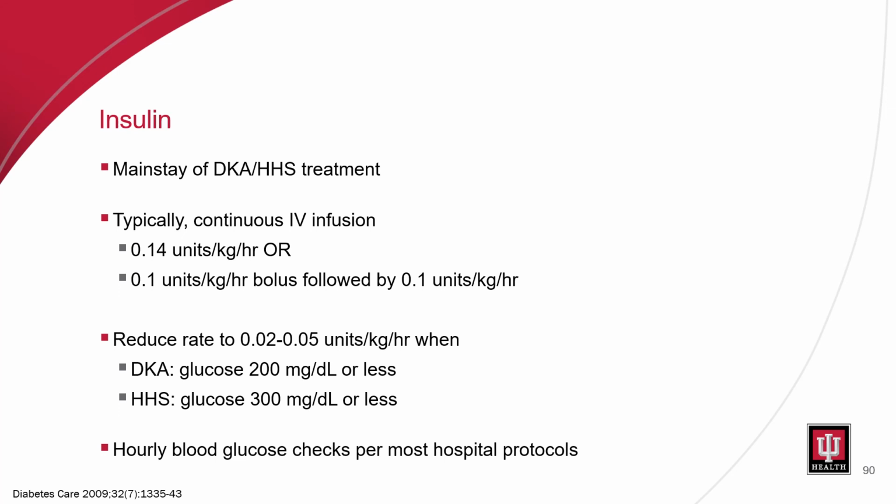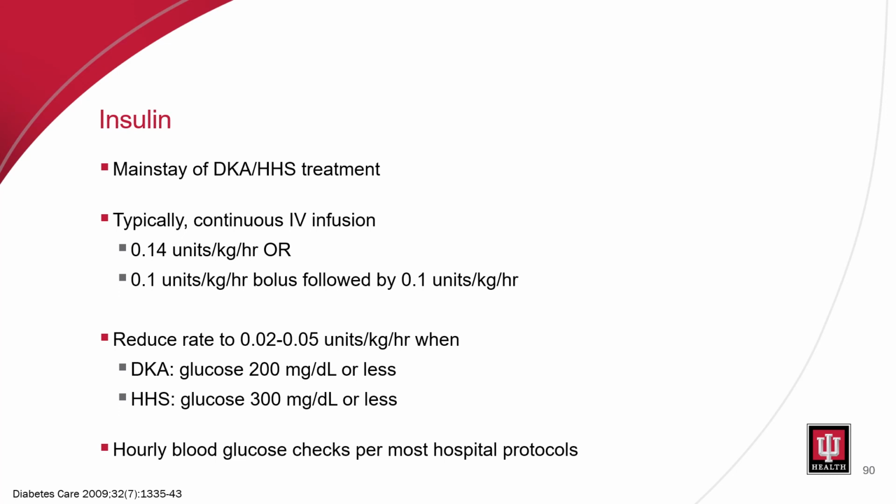Our backbone or our mainstay of DKA and HHS treatment is our insulin therapy. So typically this will be a continuous intravenous infusion. This is preferred for the short half-life and easy titration schedule. It can be started at 2 different doses. That's pretty well developed within the literature.